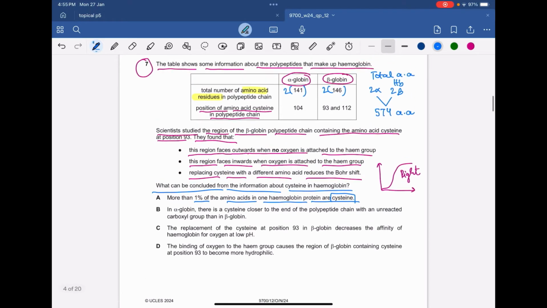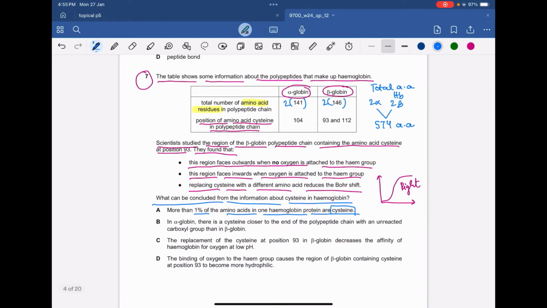And then over there they are saying that one alpha globin chain has one amino acid cysteine, right? And there are a total of 2 alpha globin chains in a hemoglobin molecule.